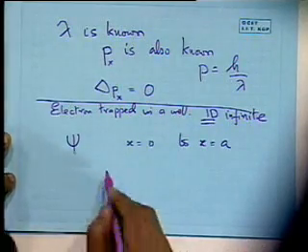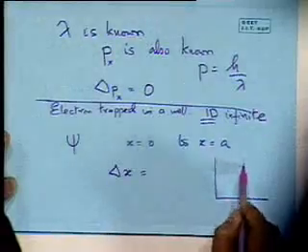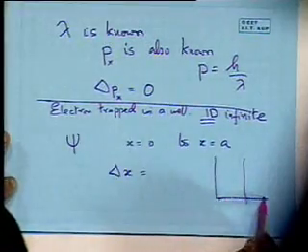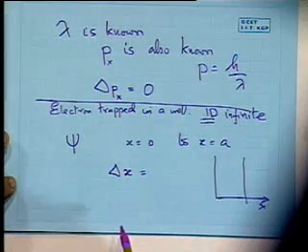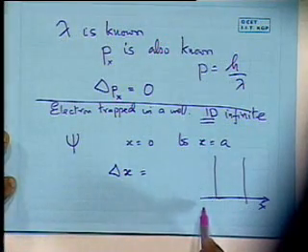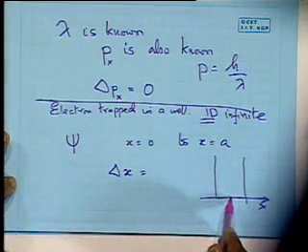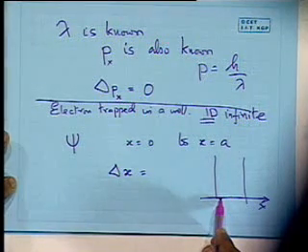So what's the uncertainty in delta x? I've got this barrier. Will I always find it here, or will it be here?